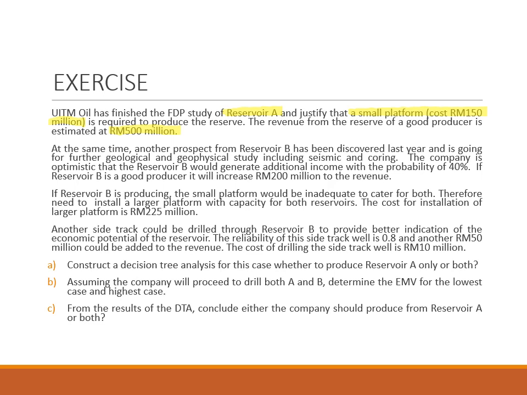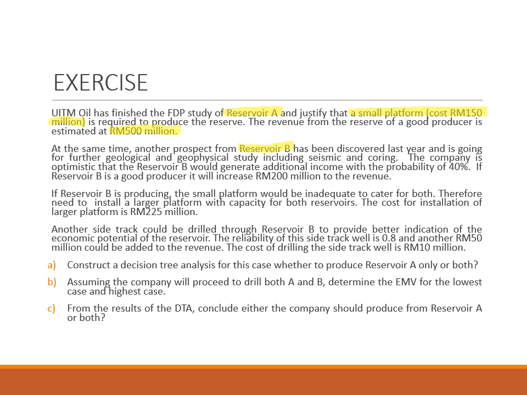But at the same time, there is also another prospect from reservoir B. Just now you justified that you're drilling reservoir A, but then now you say, oh, there's another one, reservoir B. It has been discovered last year, and it has gone through geological and geophysical study, including seismic inquiry.